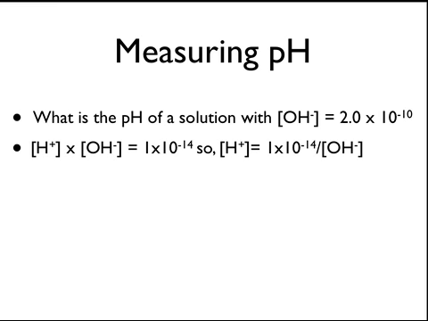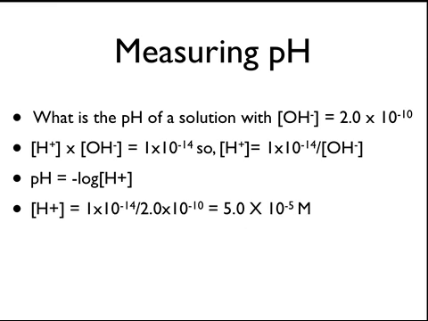And we have the concentration of hydroxide ions in our problem, but we're trying to get to pH. So the other equation we know is that the pH is equal to the negative log times the concentration of hydrogen ions. So what we're going to have to do is solve for the concentration of hydrogen and then plug that into our pH equation to get pH.